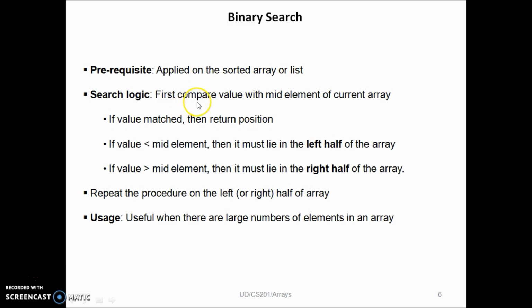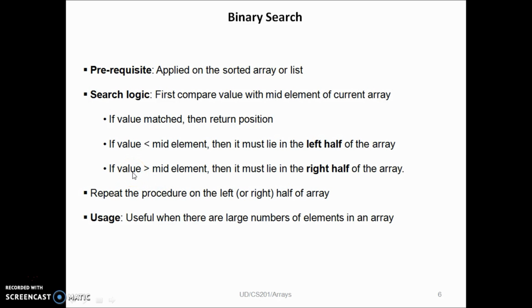Under binary search, it compares the search value with the mid element of the current array. If the value is matched, then the search has been successful and the array element position can be safely returned. On the other hand, if the value is less than the mid element, then the search value will be lying somewhere in the left half of the array.